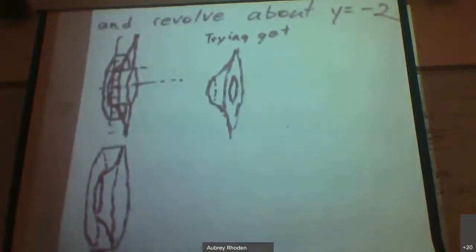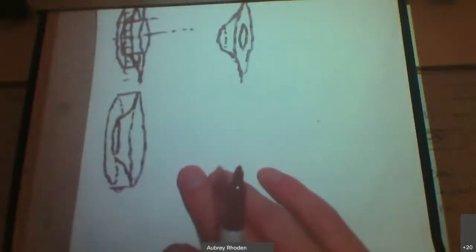Since the walls of the shell are extending out from the y-axis, that is definitely not the volume that I'm looking for.